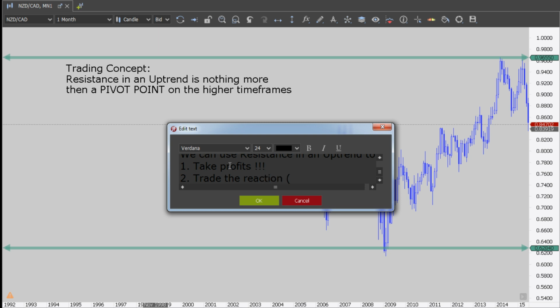But this trade is a high risk trade, not suitable for most traders.